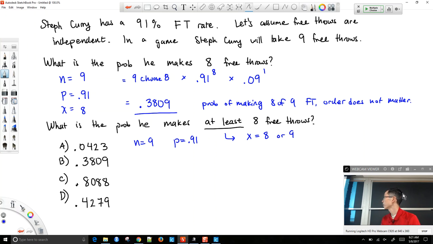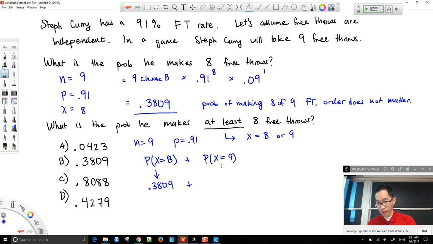That's 8 or 9 for x, so we're going to have the probability of x equal to 8 plus the probability that x equals 9. The x equals 8 part, we figured out in the previous step. This is 0.3809.